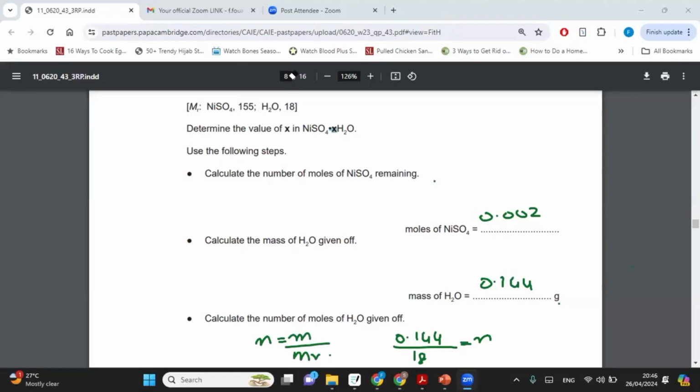You have to divide 0.144 by 18. Yes, Fatina, it's going to be 0.008. Okay, 0.008. So now we have the moles of water.